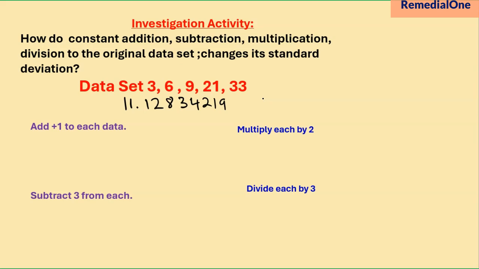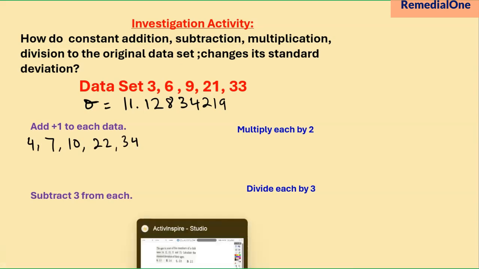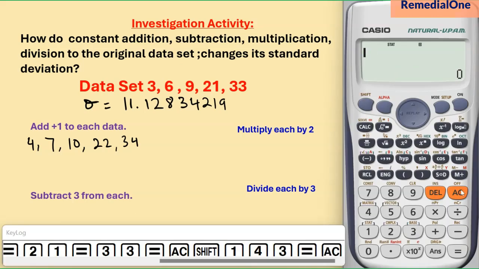So now we are going to add 1 to these numbers, and then we will calculate the standard deviation. If we add 1 to 3, it's going to be 4, and then 7, 10, 22, and 34. So let's bring back our calculator. We are going to enter these numbers.